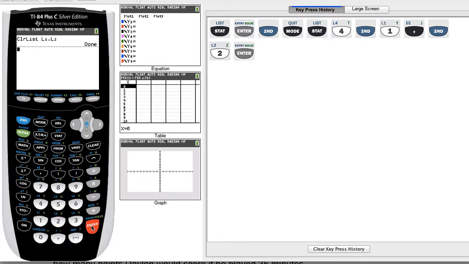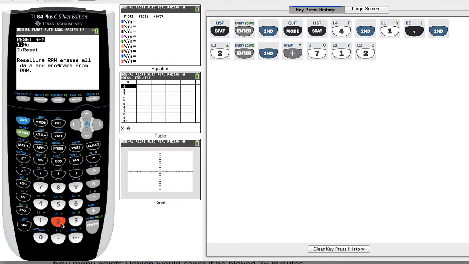This is how you clear your list in case you have any software on your calculator you don't want to erase. If you don't care and you have no software, you can do second plus 7 1 2, and this basically erases all of your RAM. Okay, so this is how you can clear your RAM.